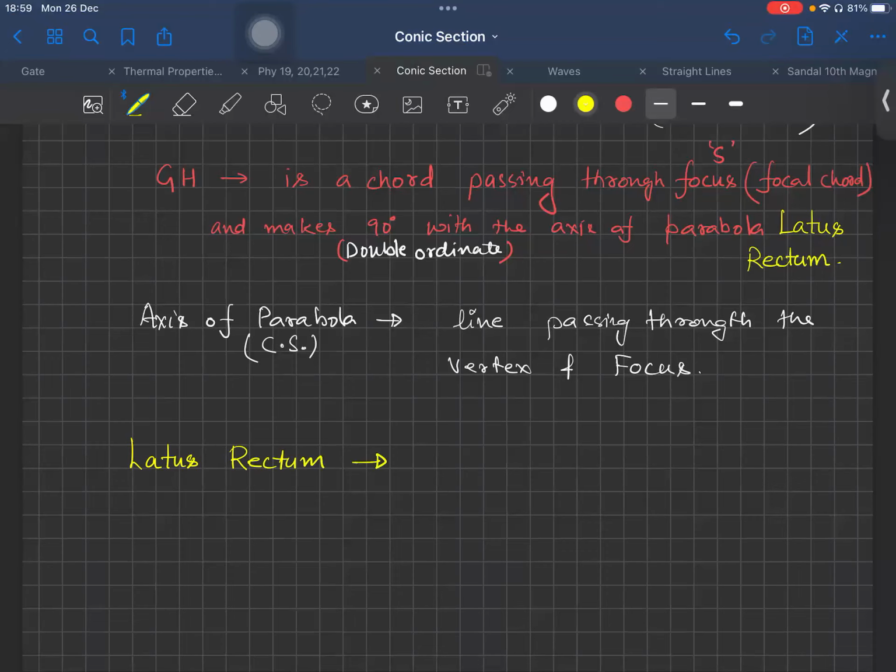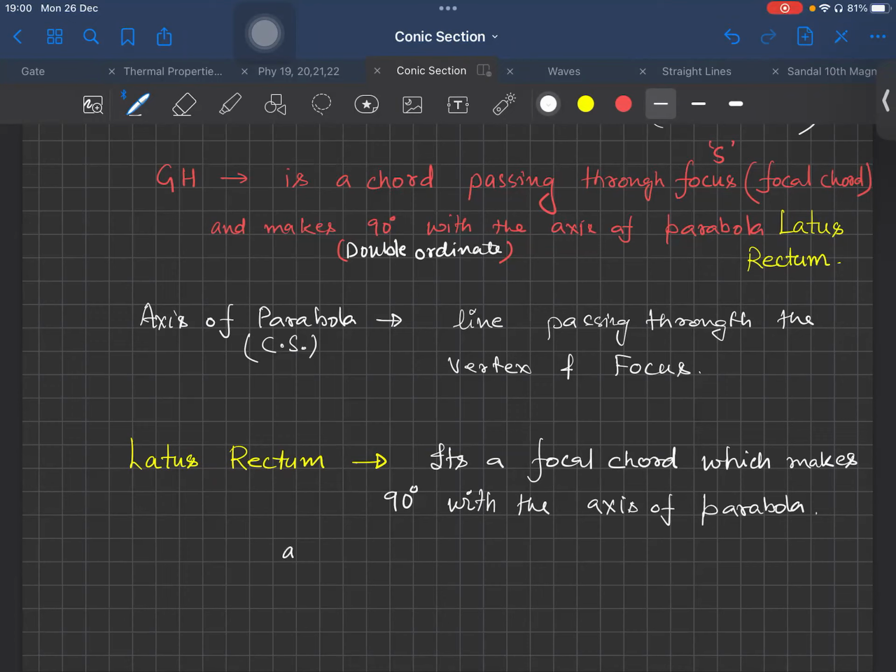See how many ways we can define it. It's a focal chord which makes 90 degrees with the axis of the parabola.